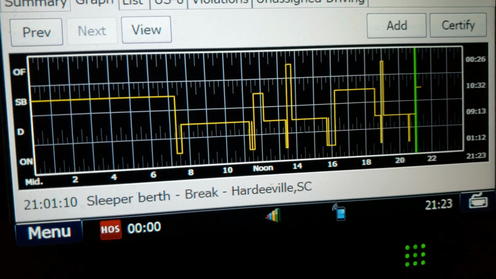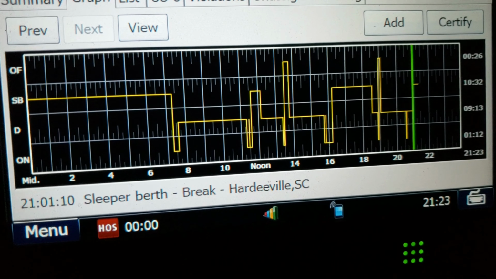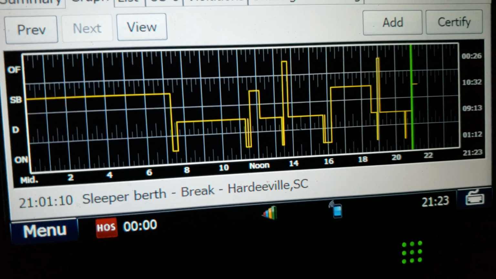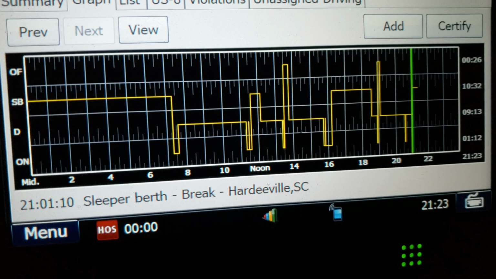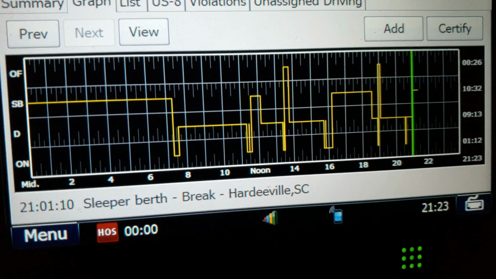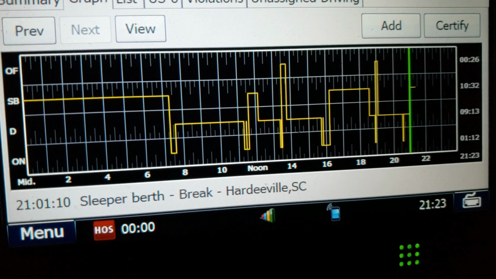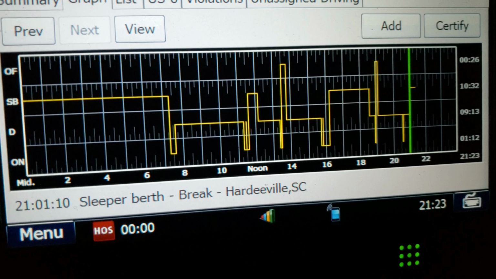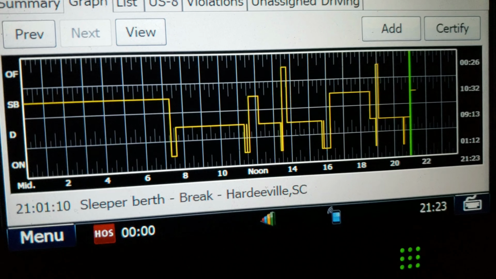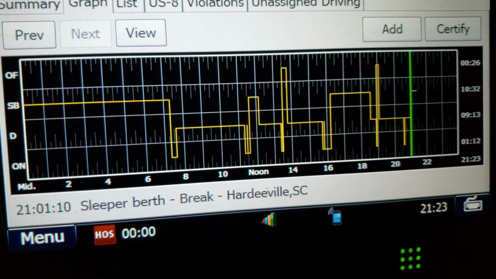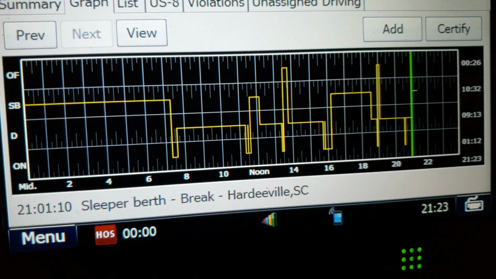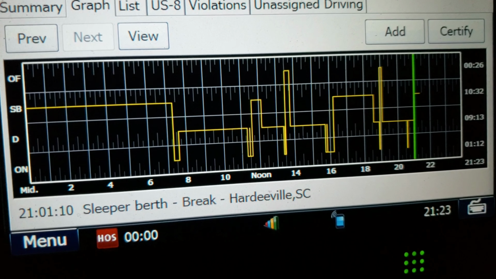So that will only give me 10 hours of drive time, because I'm about 180 miles from it. So I should make it there in about 3 hours. But with construction, and if anything happen, that's going to slow me down about an hour or more, then I won't be able to make that delivery on time.